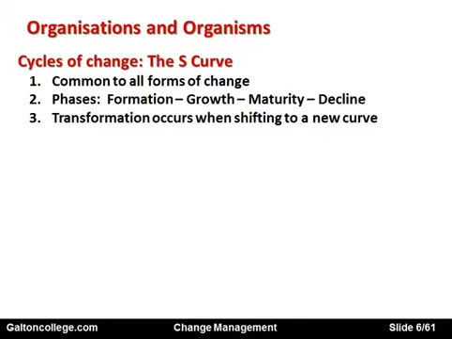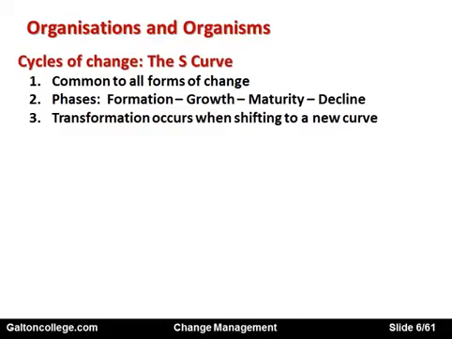Transformation occurs when shifting to a new curve, which is what we do. We facilitate one curve in the sense that we adjust to it and we work with it and we accommodate it. We know the product, we know what's required, we know the service, we know the changes that were brought about for its introduction, and we've adjusted to it.